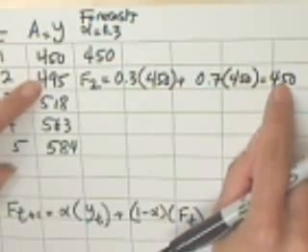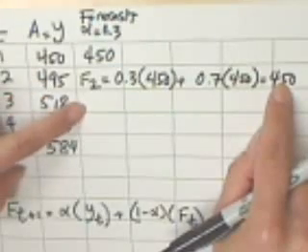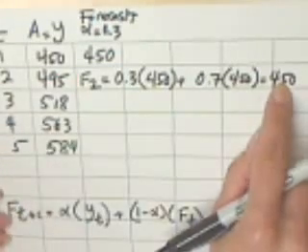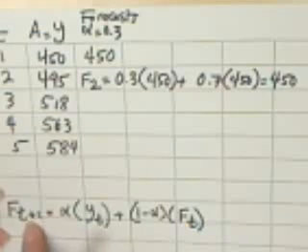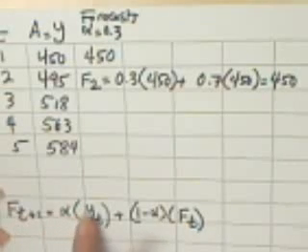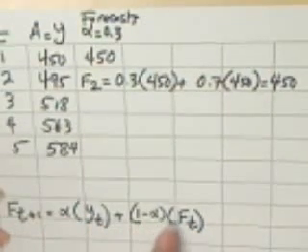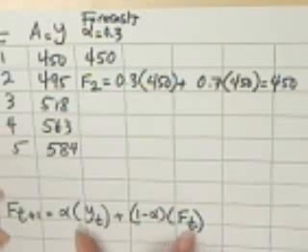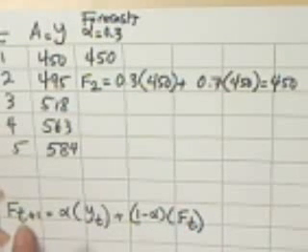So now using these two, I'll be ready to make the forecast for the next time period, just like this formula suggests. You use the actual and the forecast for any given time period to make the forecast for the next time period, t plus 1.